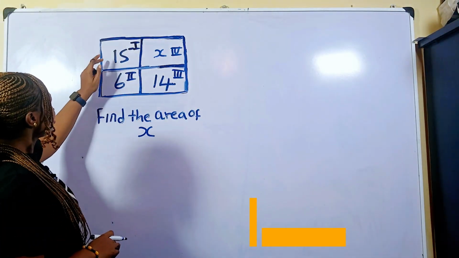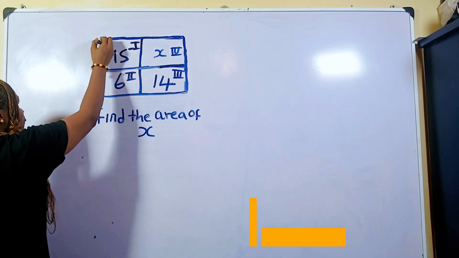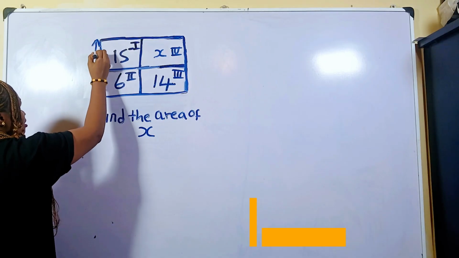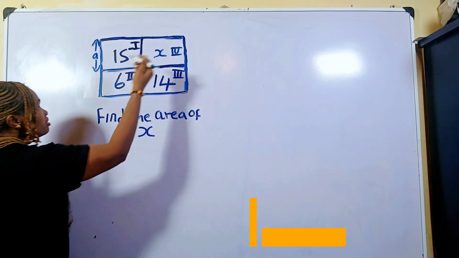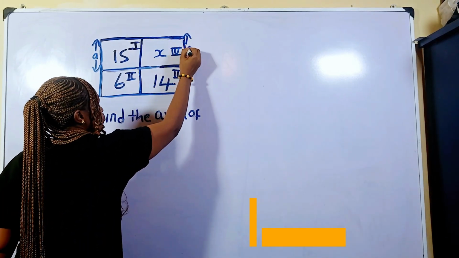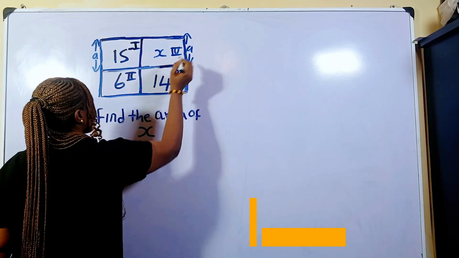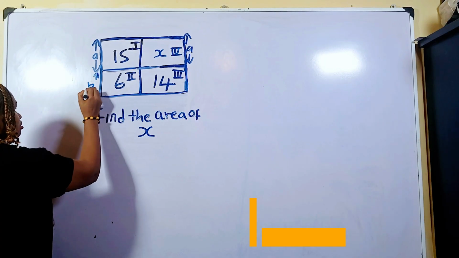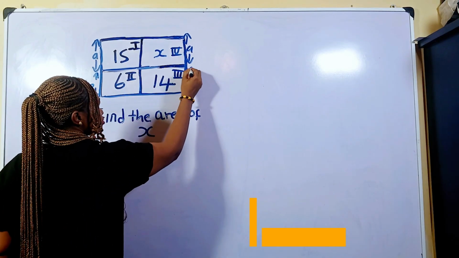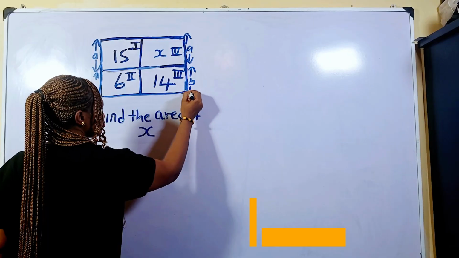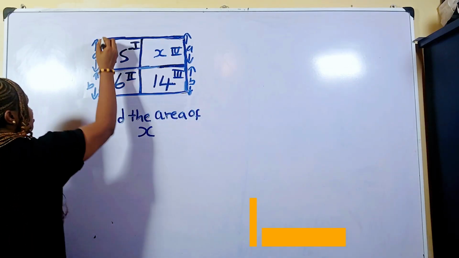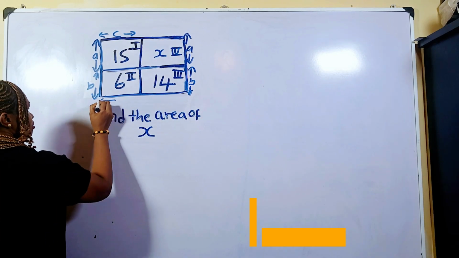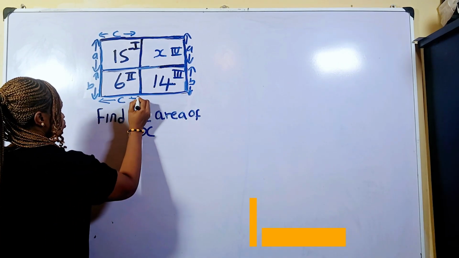So if this is a rectangle, therefore automatically here, let's call here A, and if here is A, it means that this one also will be A, and here will be B. This also means that here will also be B. And if here is C, it also means that here will be C also.